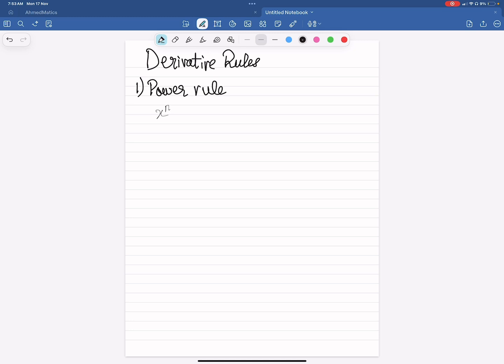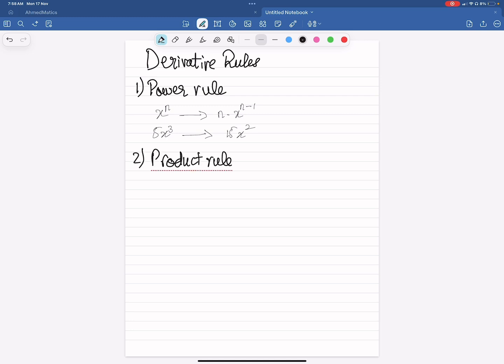Suppose I have x to the power n, so its derivative will be n multiplied by x to the power n minus 1. For example, if we have 5x^3, its derivative will be 15x, the power is 3, so minus 1, it's 2. That's the answer.